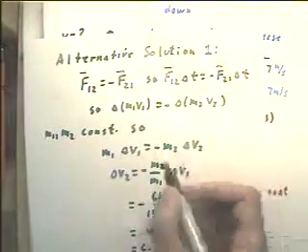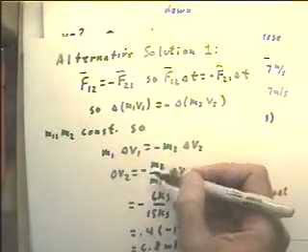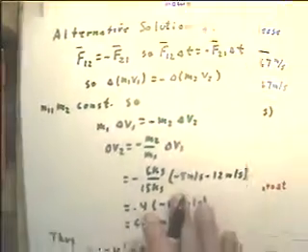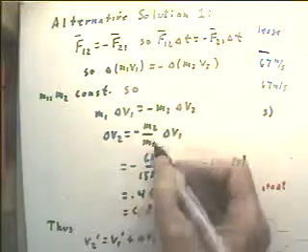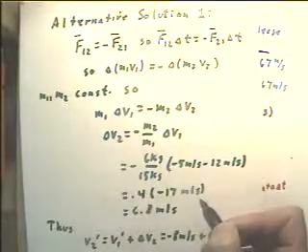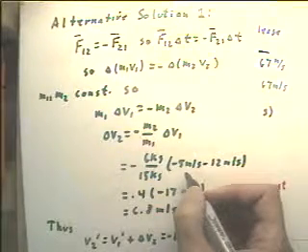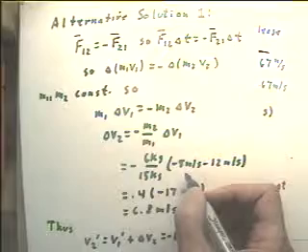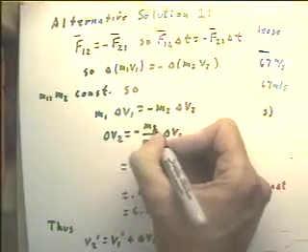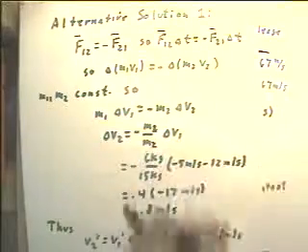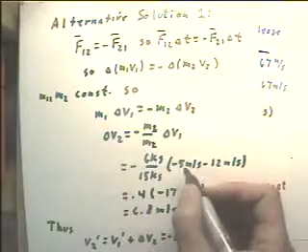So these are equal and opposite, which tells us that delta v2 is, dividing through by m2, negative m1 over m2 times delta v1. And now we simply substitute the 6 kilograms and 15 kilograms for the two masses. I've got the subscripts wrong here. That should be m1, and this should be m2. 6 kilograms being mass 1, 15 kilograms being mass 2.